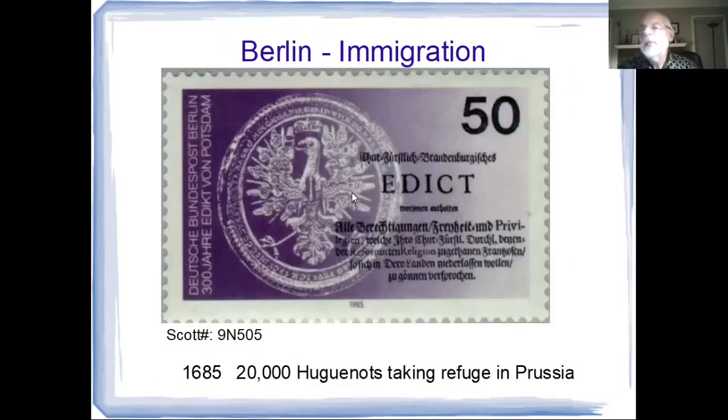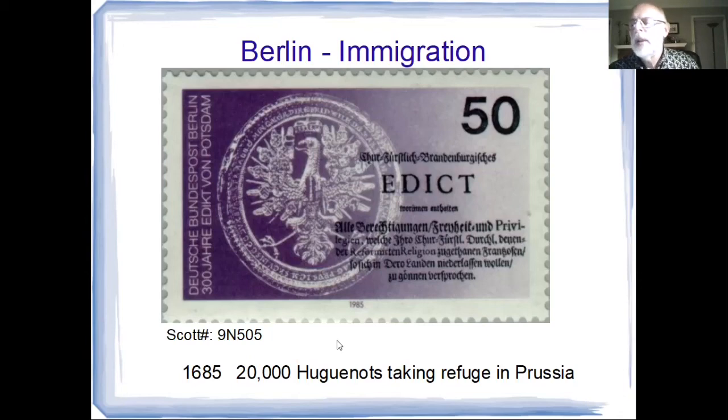Now, one important thing to know about Berlin is that the population of Berlin was growing exponentially for various reasons. In this case here, this was before Prussia became a kingdom, but after the War of 30 Years, as I mentioned, the population of Berlin had gone down dramatically, and so did the whole area.